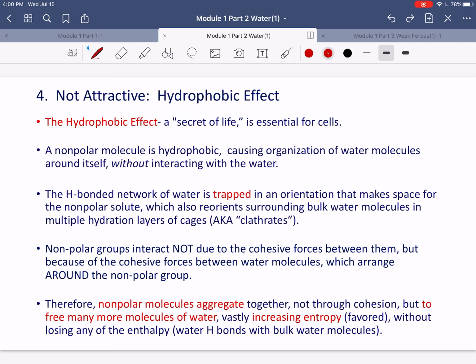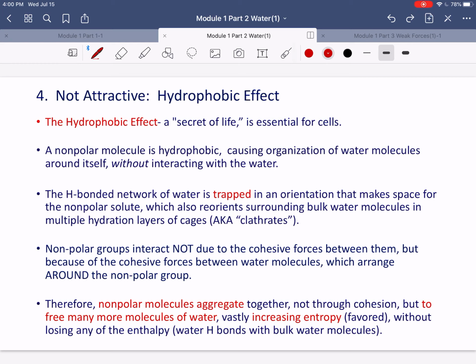Okay, now if you think about it that way, a nonpolar molecule like oil is going to minimize its surface area to the water by coming together. And by doing that, it's going to organize fewer water molecules around itself than if you had separate droplets organizing lots more water around itself.